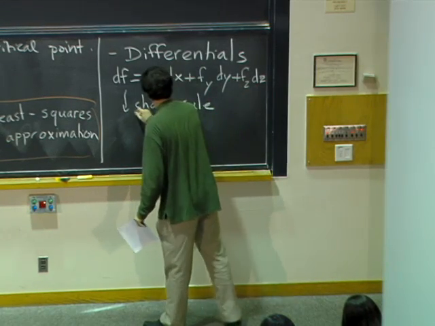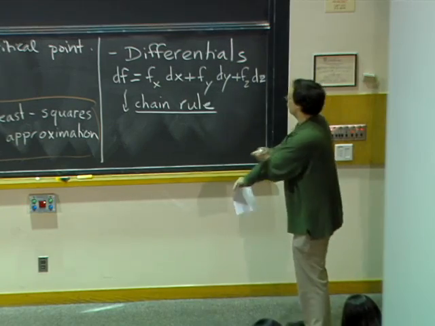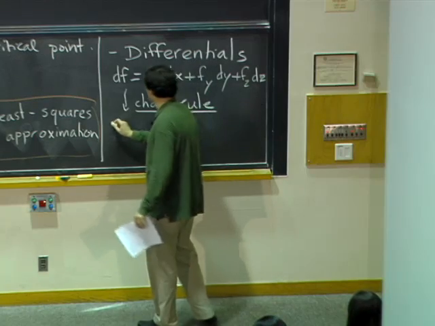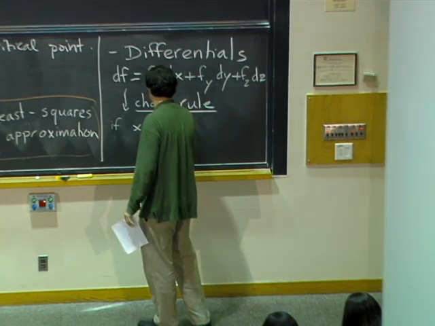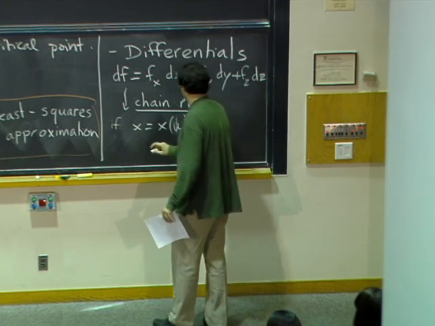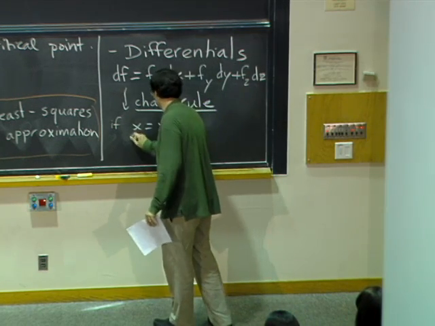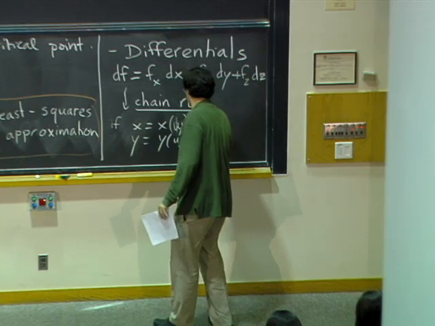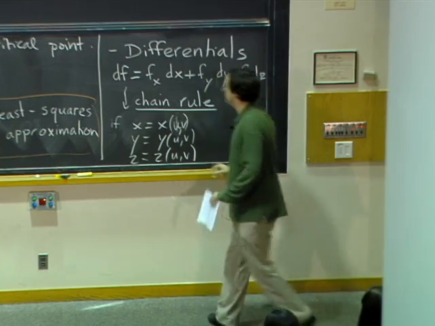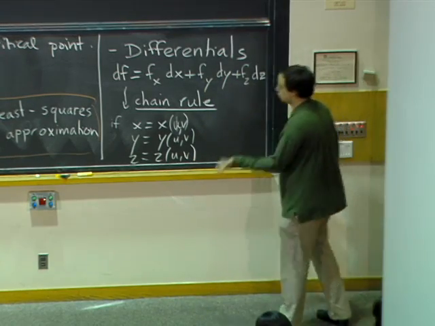So the chain rule says, for example, well, there's many different situations, but for example, if x, y, and z depend on some other variables, maybe even u and v, then that means that f becomes a function of u and v.